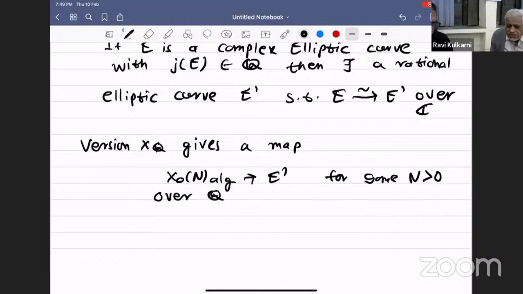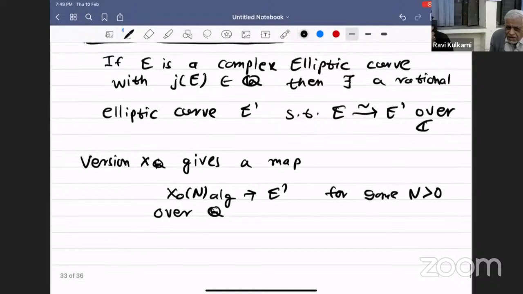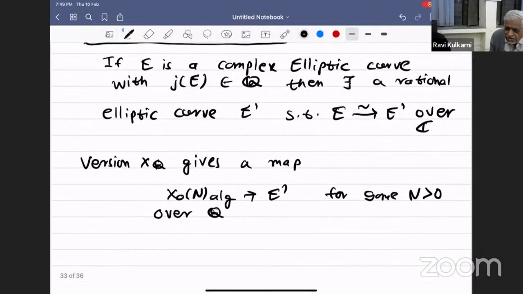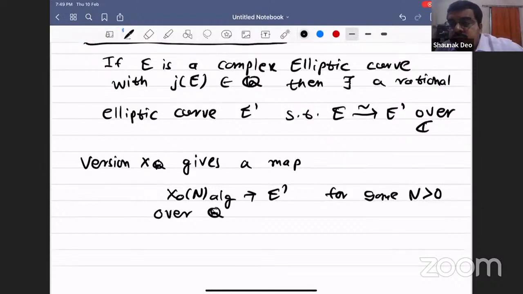So E is defined over Q if and only if the j-invariant belongs to Q? No, that is not necessarily true, but what is true is that if E has j-invariant in Q, then corresponding to that j-invariant, there is a rational elliptic curve. And because they have the same j-invariant, they are isomorphic.